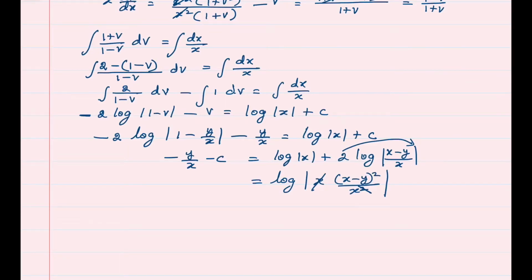To remove this log function, we will raise both the sides to e. e raised to minus y by x minus c is equal to e raised to log. e and log are inverse functions, they cancel each other.